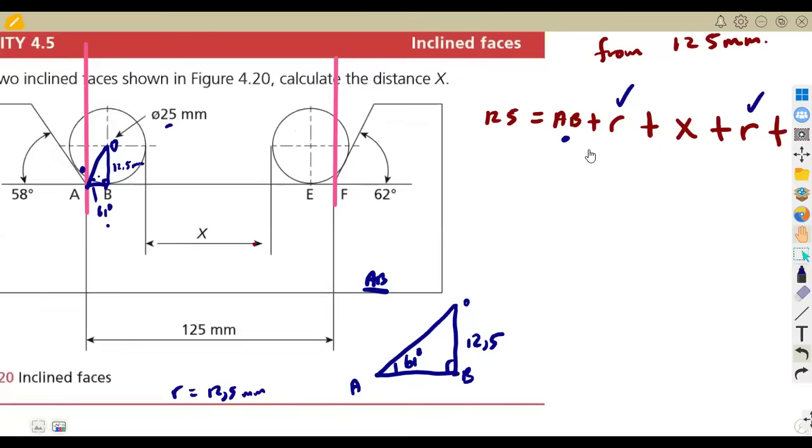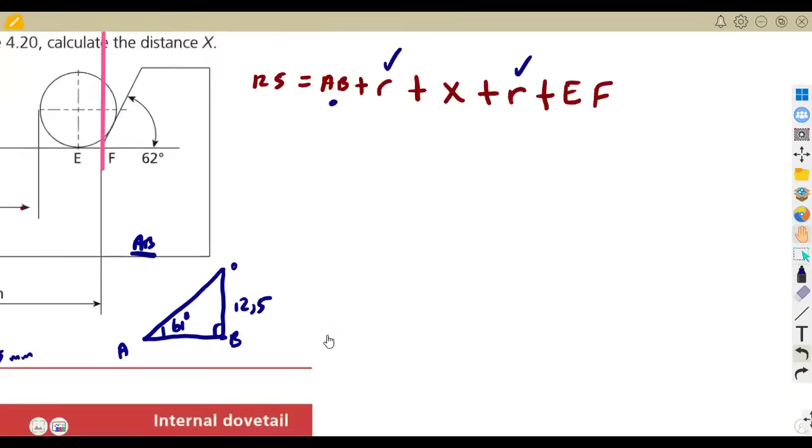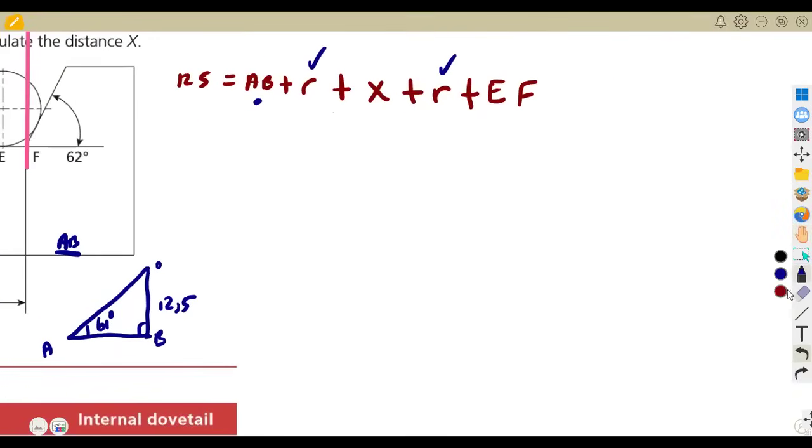So you can be able to calculate AB. All right, from which concept? We have got the opposite and adjacent, so that's the tan. We talked about this before. The tan of 61 degrees is going to be the opposite, 12,5, over the adjacent, which is our AB. So this is over 1. You're going to cross multiply, then divide, guys.